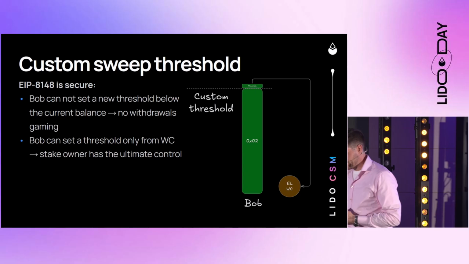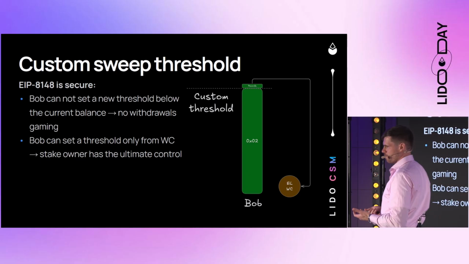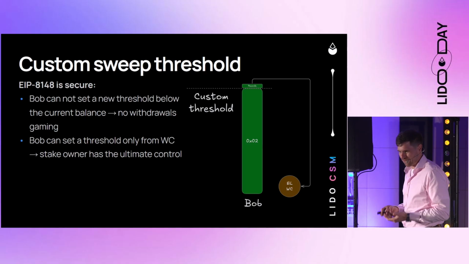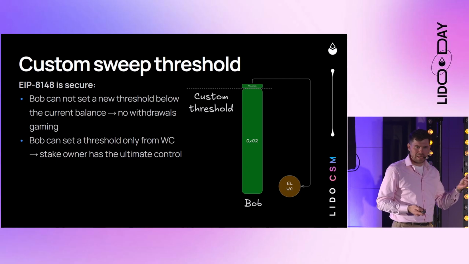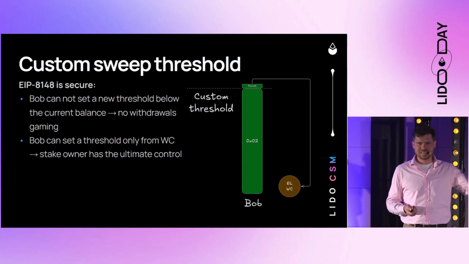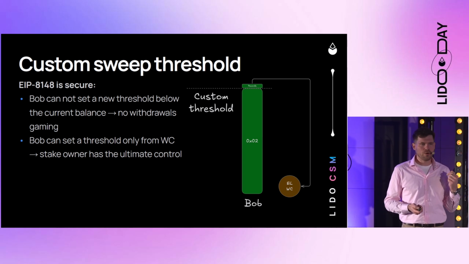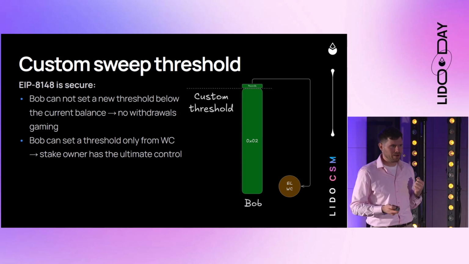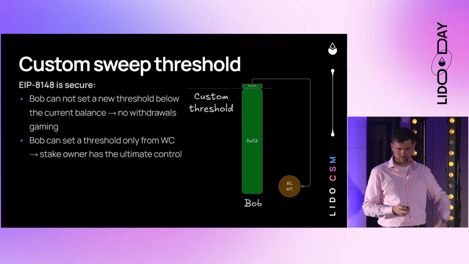But it's not just that. EIP 8148 is also secure, which is very important for any change that we ever introduce to our beloved Ethereum. Because Bob cannot explicitly set a new threshold lower than the current balance, or in most cases lower than the current threshold, so he cannot speed up withdrawals with this EIP.